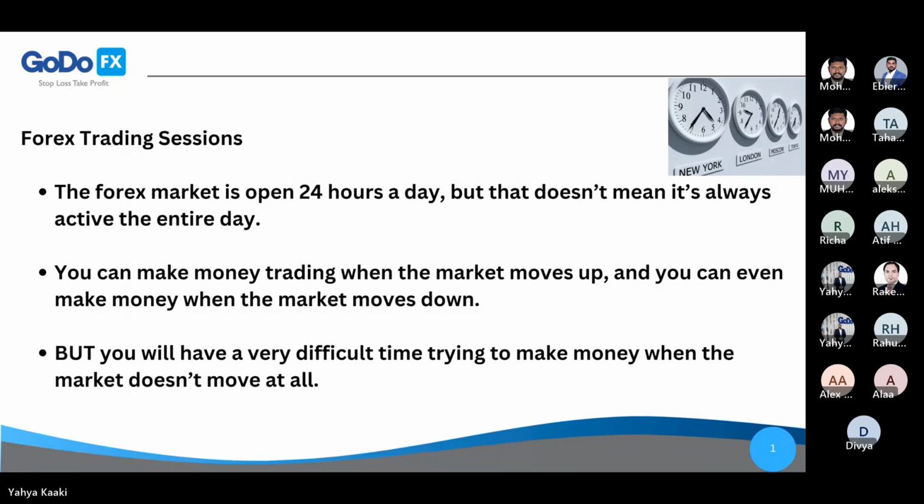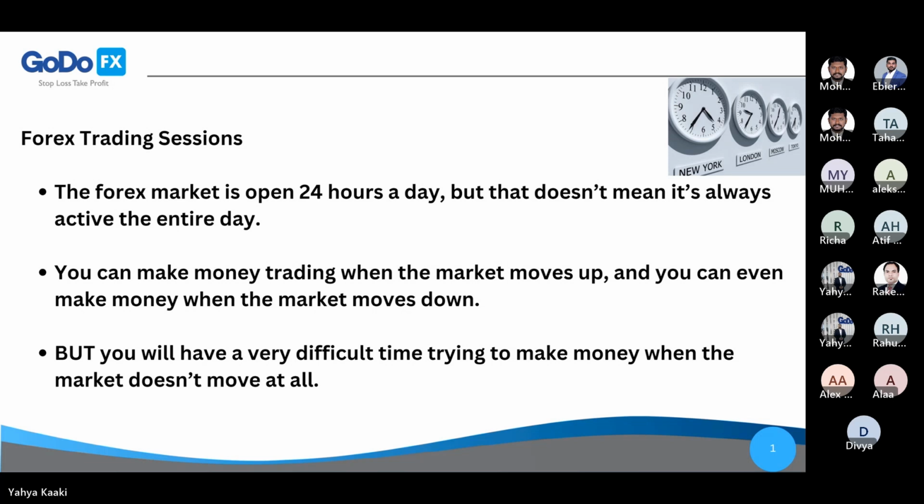You can make money trading when the market moves up, and you can even make money when the market moves down. This is the normal thing when a trader is trading. But you will have a very difficult time trying to make money when the market doesn't move at all, when the market is just sleeping. If it's not the right time in the market, it's going to be hard to make money and move with the chart.